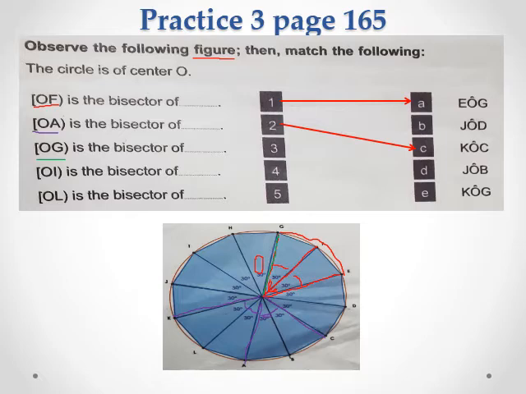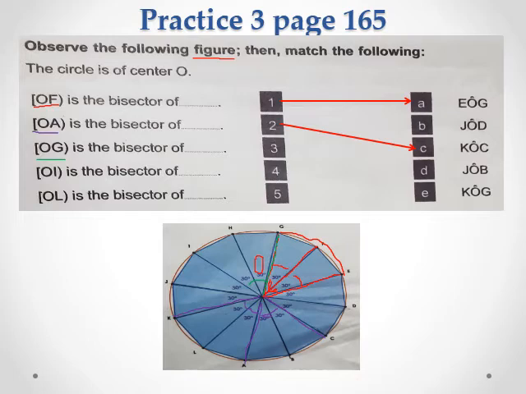So it's here HOF. But since they didn't mention HOF or FOH, let's take two angles this time. Here, IOG and GOE. So OG is also the bisector of IOE. But again, they didn't mention it.